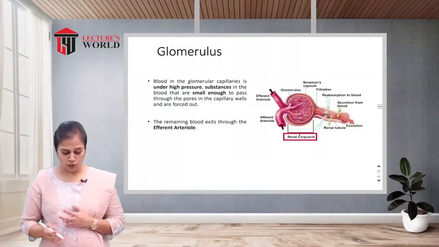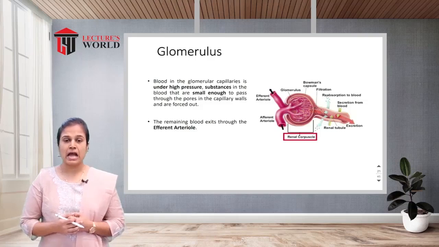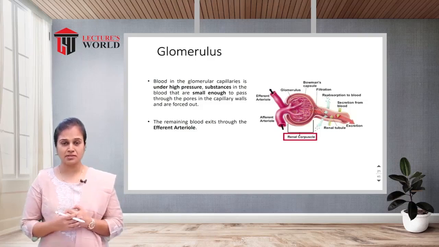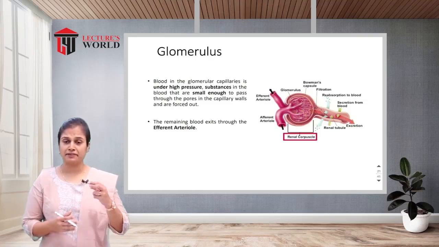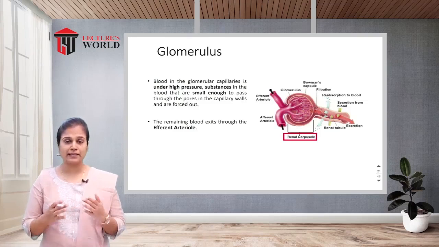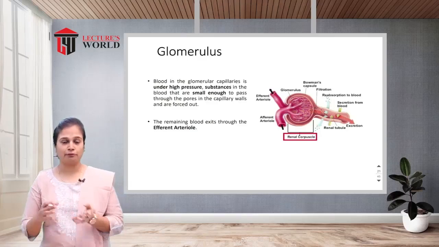Now the blood in the glomerulus is under high pressure. Because of the high pressure, the substances in the blood which are small enough pass through the pores of the capillary walls and are forced out.